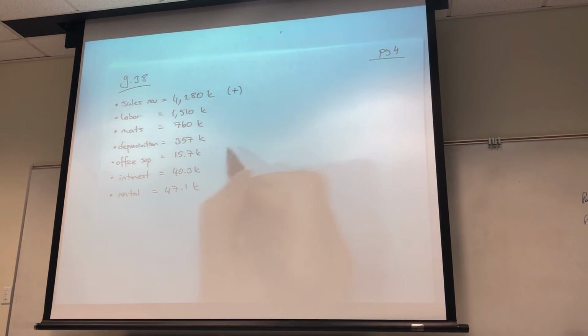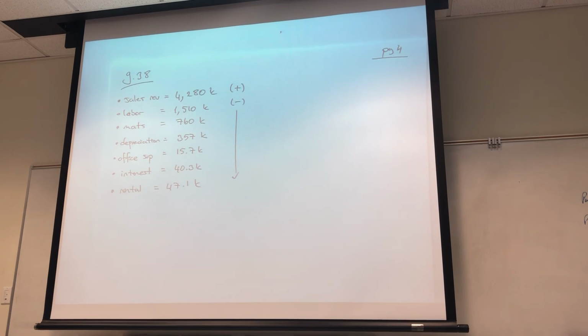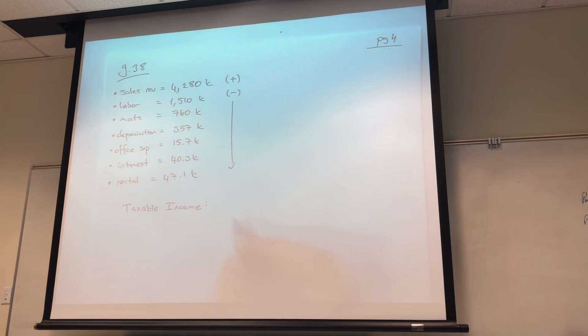Taxable income will be equal to sales revenue minus all the expenses, which is $1,549,500. Right? This is the income we say that, hey, I got this much money. You can tax me on that. This is what I reported to the tax people.